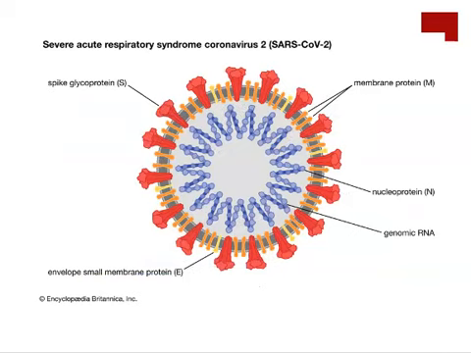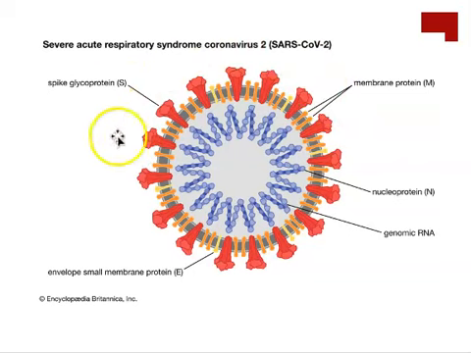On this slide, you're looking at a drawing of the SARS-CoV-2 virus, the coronavirus that is causing the world so much grief right now. Now, like many animal viruses, the SARS-CoV-2 virus is spherical. It is an enveloped virus, again, like many animal viruses, and it has spike proteins emerging from the surface of the envelope.